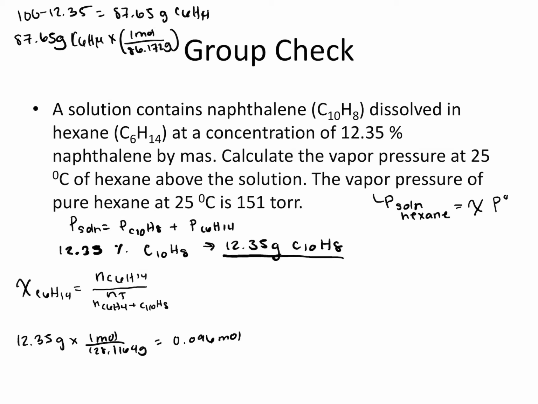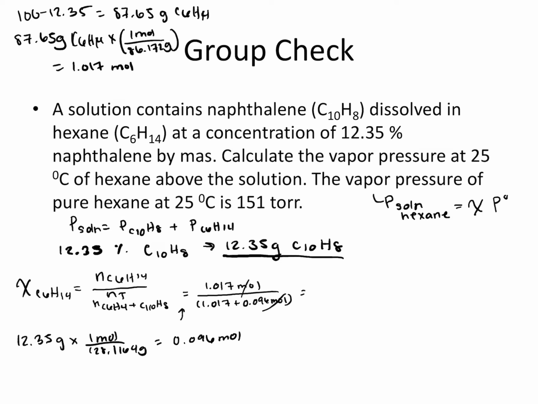So 6 times 12.01 plus 14 times 1.008 is 86.172. And that is equal to 1.017 moles.